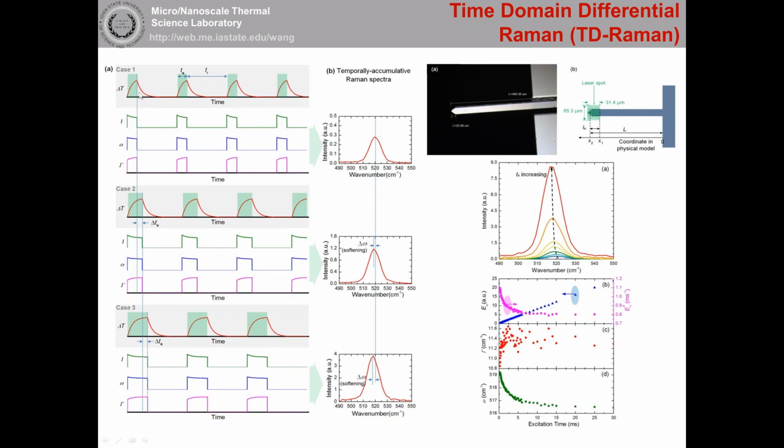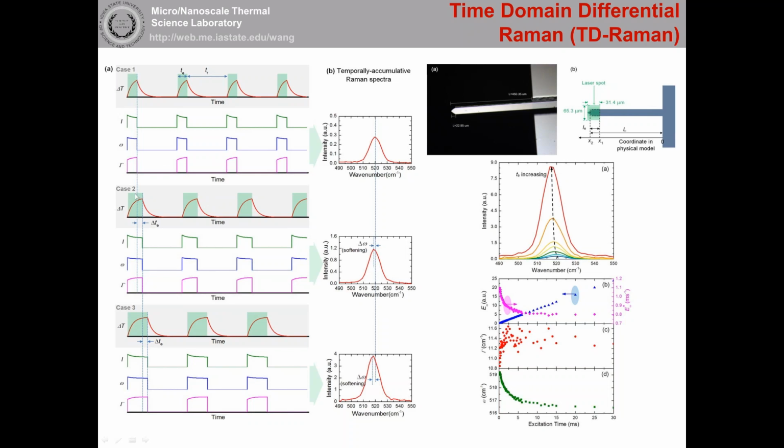We can control how long the laser is on and how long it is off. Every time the laser comes in, you have heating, but the heating is very short, so the material does not reach the steady state. The Raman spectrum then gives you the average temperature of this very short heating time.